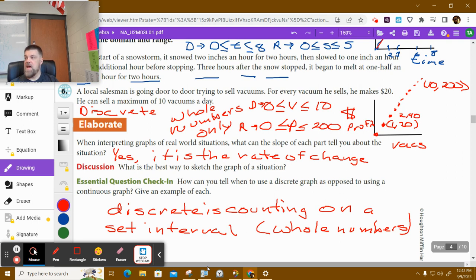Well, I have 7 bottles of pop, so I've got 16.9 times 7. The values are going to jump every 16.9 because that's how much fluid is in one of those bottles, but it's the same set interval. So usually you're counting something, okay? So it's not always whole numbers, but most of the time it is, okay? Any questions on that?